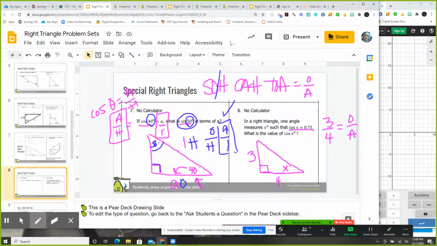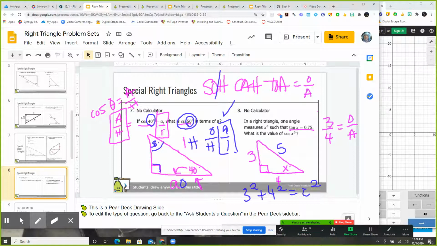And how do I find the hypotenuse? Pythagorean theorem. So I've got a leg, and I've got a leg, and I want a hypotenuse. The triples!